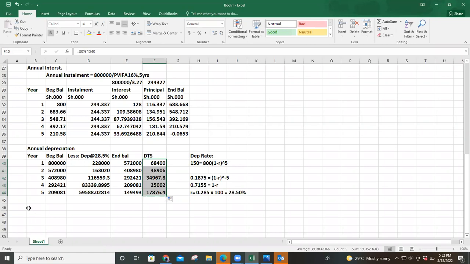So therefore, we need to get the NPV of buying. We have the years, we can have year 0, year 1, up to year 5 there. We can put them in shillings.